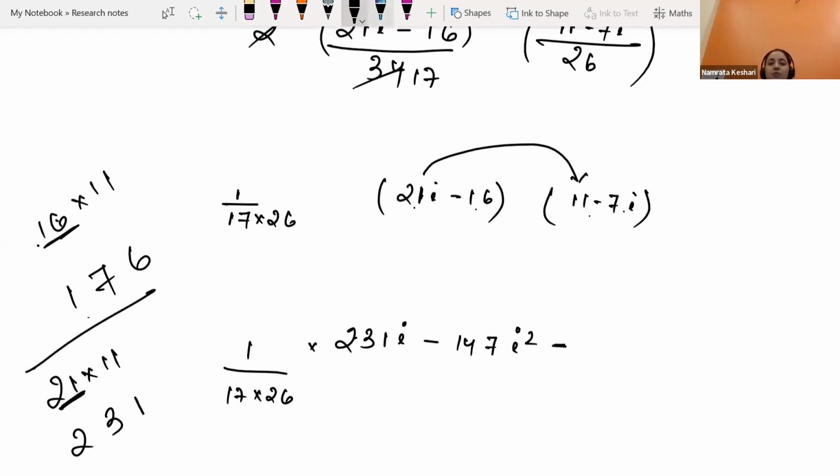Okay, let's continue. So 16 and 11, I said to you it will be 176. If you want, you can check it. 16 into 7, we have to do the multiplication, minus 16 with minus 7i. So plus 112i. Yes or no?